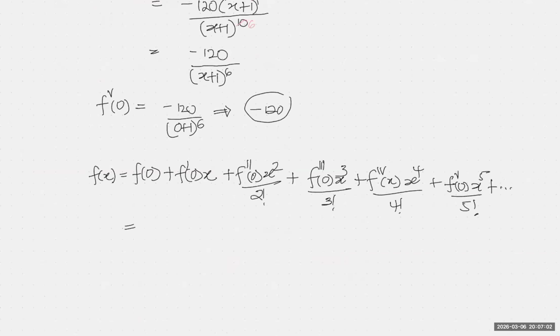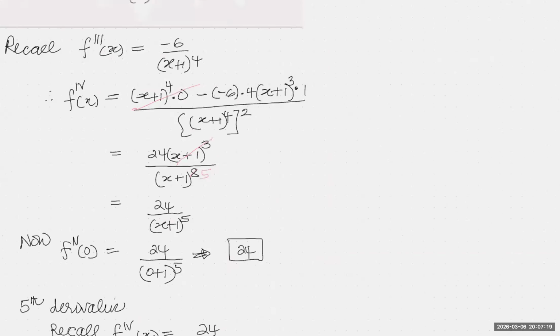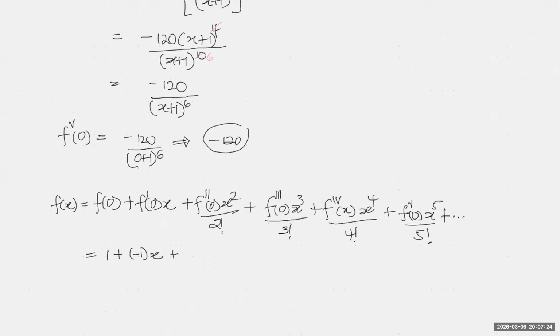So I'm going to put plus -1 times x plus f double dash, which is 2, times x squared over 2 factorial, plus f triple dash, which is -6, x cubed over 3 factorial.